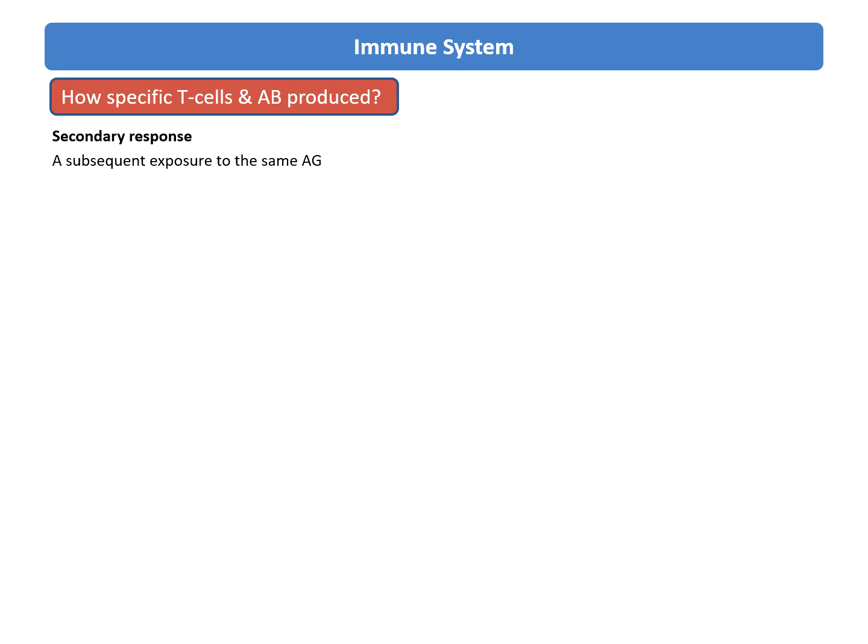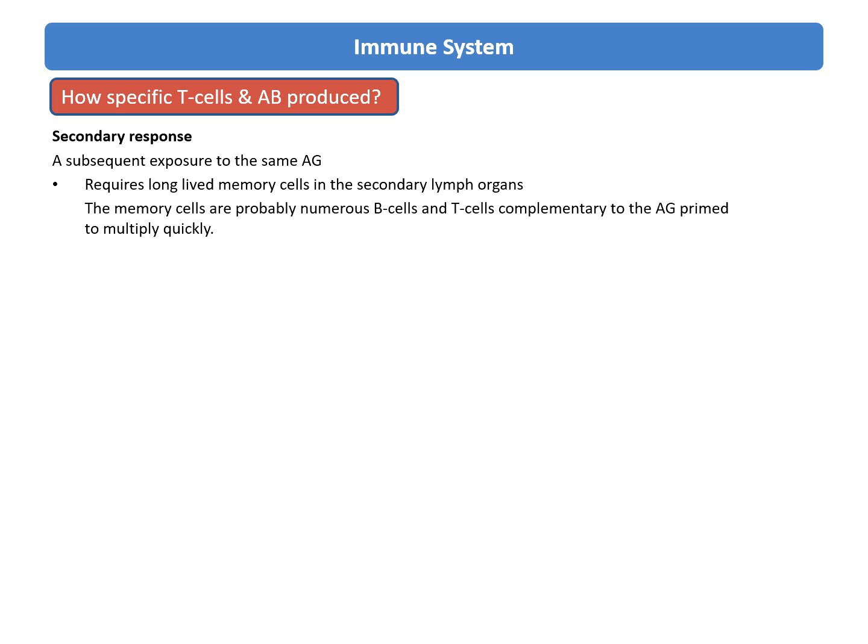In the secondary response, this is a subsequent exposure to the same antigen. So what we just described would happen either in a first or secondary response. The secondary response requires long-lived memory cells located in the secondary lymph organs.